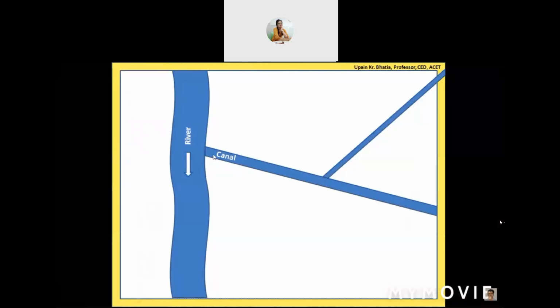The structure that we provide here to assist this diversion of water from river to canal is called the diversion headworks. But the same purpose is required to be performed by some device when the water is diverted from canal to canal. Canal to canal diversion is not achieved by providing diversion headworks. It is achieved by providing canal headworks.